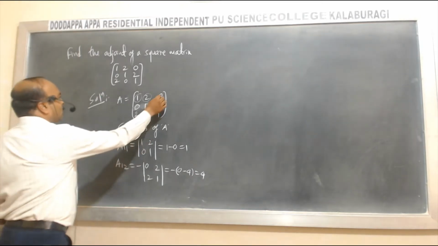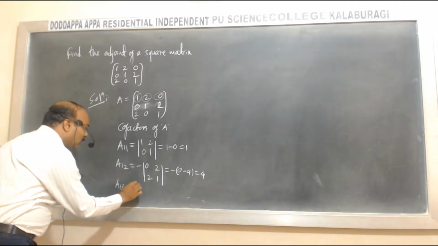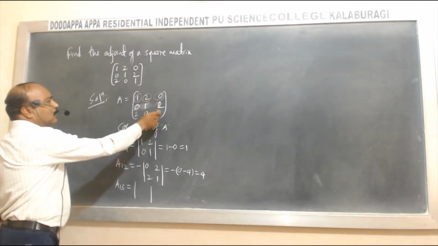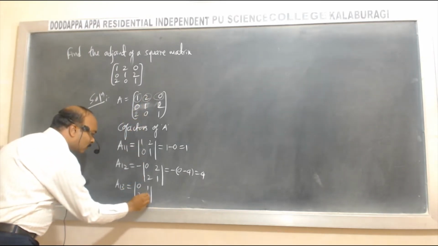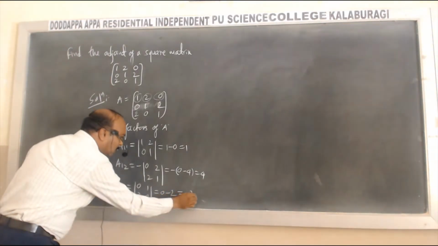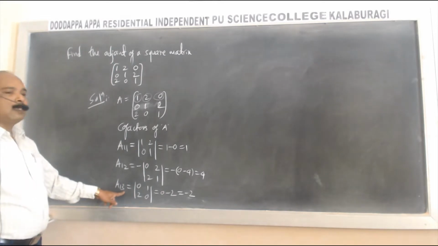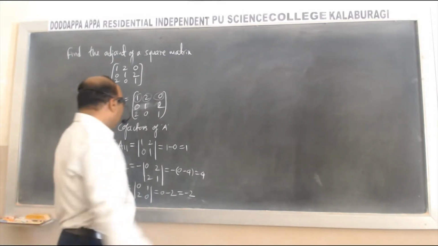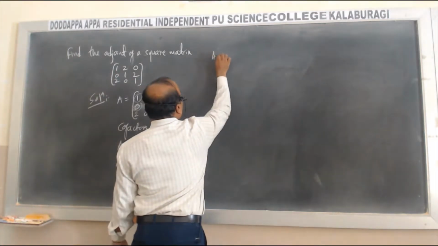Next, the cofactor of the third element, 0, that is A13, equal to the determinant obtained by deleting its row and column. We get 0 1, 2 0, so this is 0 minus 2, equal to minus 2. Here 1 plus 3 is even, therefore it is a positive determinant. Next we go for the cofactor of 0, that is A21.